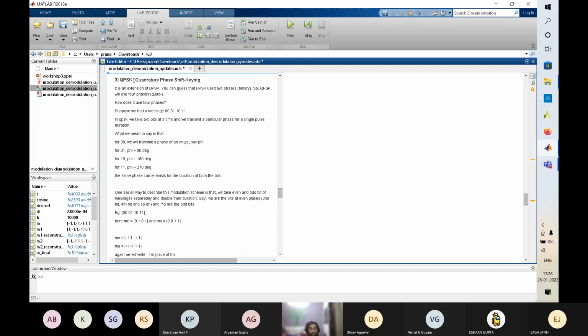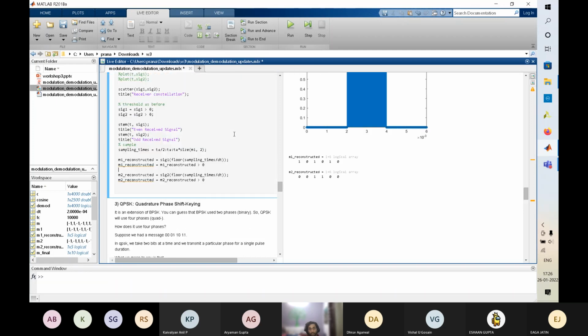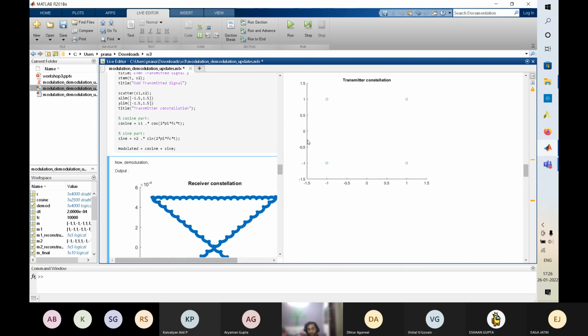So the next thing is quadrature phase shift keying. In QAM, this was the constellation, so we were trying to map the bits onto these 4 values.